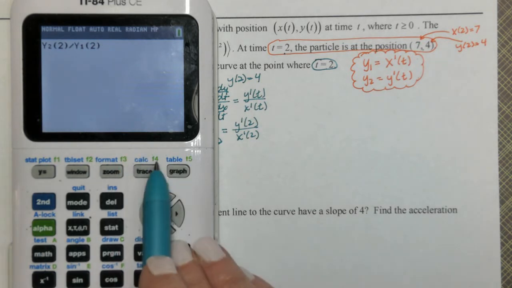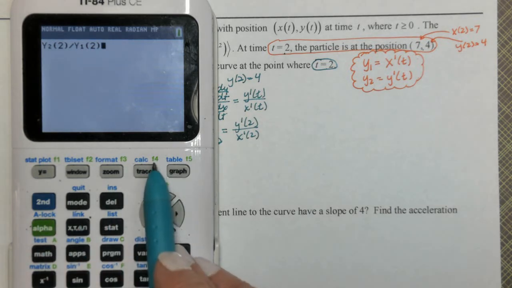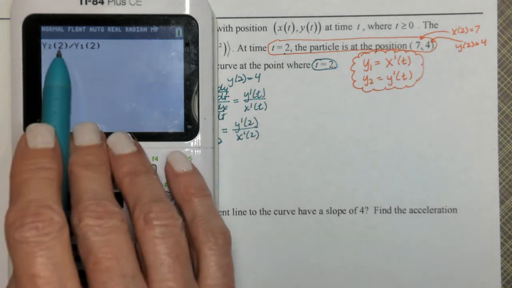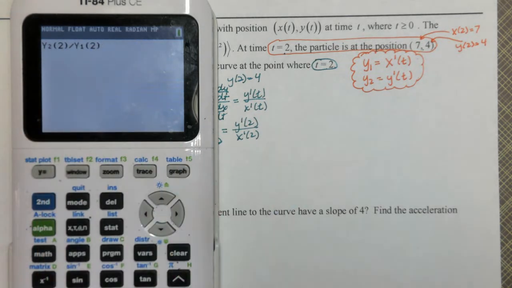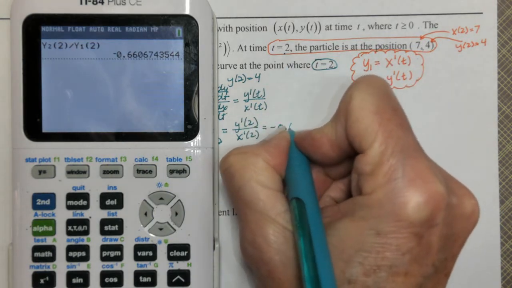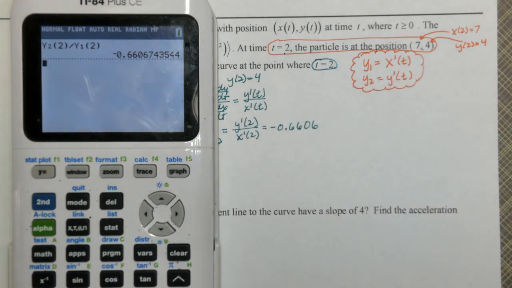Remember, the way to get to those y's is under F4, so you want to do alpha trace to get to F4. So this will give me the y prime at 2 divided by x prime of 2, and we get negative 0.6606. Give at least 3 places after the decimal point.